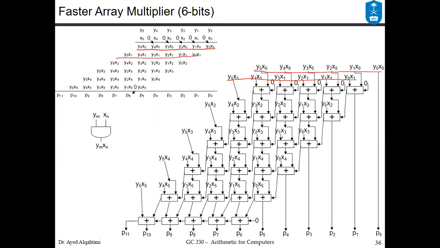Now, to use this implementation, what happens here is you get the 2 bits, and in the first row, you insert a carry in of 0 everywhere. And then the carry out is going to be going to the carry in of the next row. The carry out here, the carry out to the next one, the carry out to the next one, and so on.